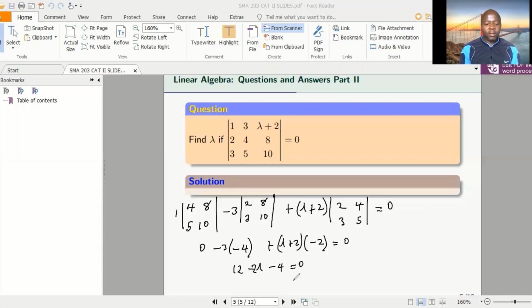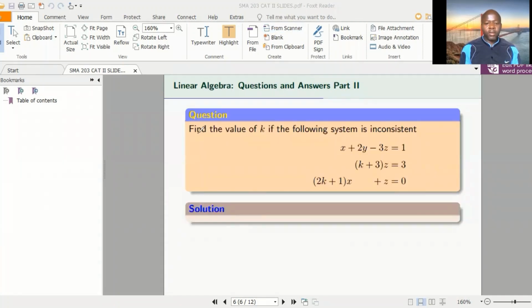That means that 2 lambda is equal to 8, or lambda is 4. So lambda should be 4 for this matrix to have a determinant of 0. That's how we do that question. Let's proceed with the next.